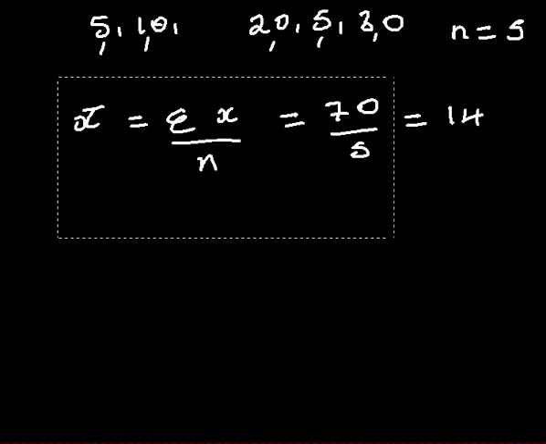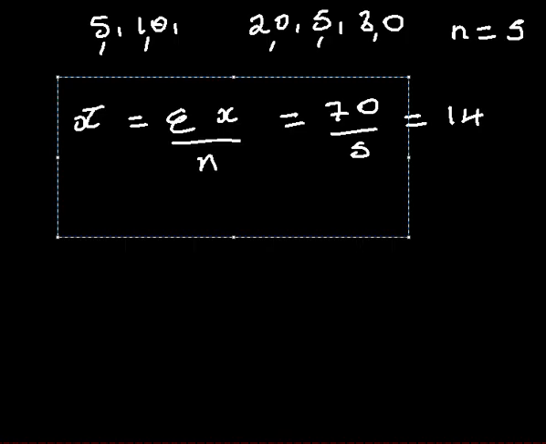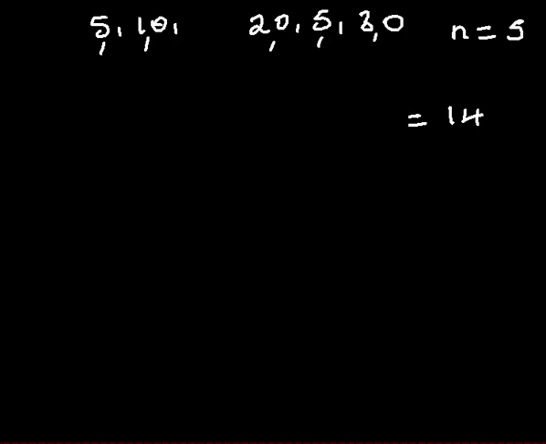And from there, we need to present the table. So our mean, which is the x bar, will be given as 14.